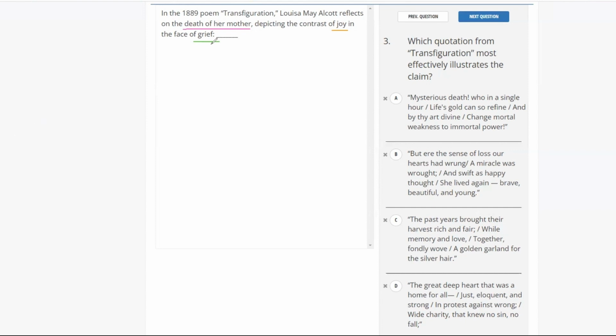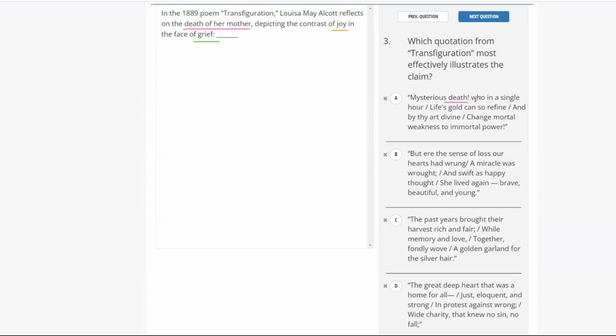Let's start with choice A. Mysterious death, who in a single hour life's gold can so refine, and by thy art divine change mortal weakness to immortal power. All right. Well, right off the bat, we see a reference to death in that first phrase, mysterious death.